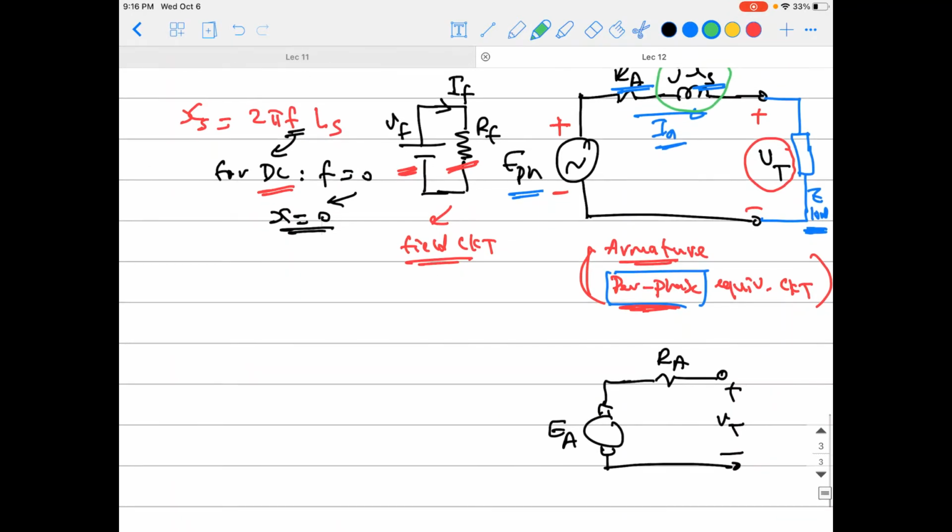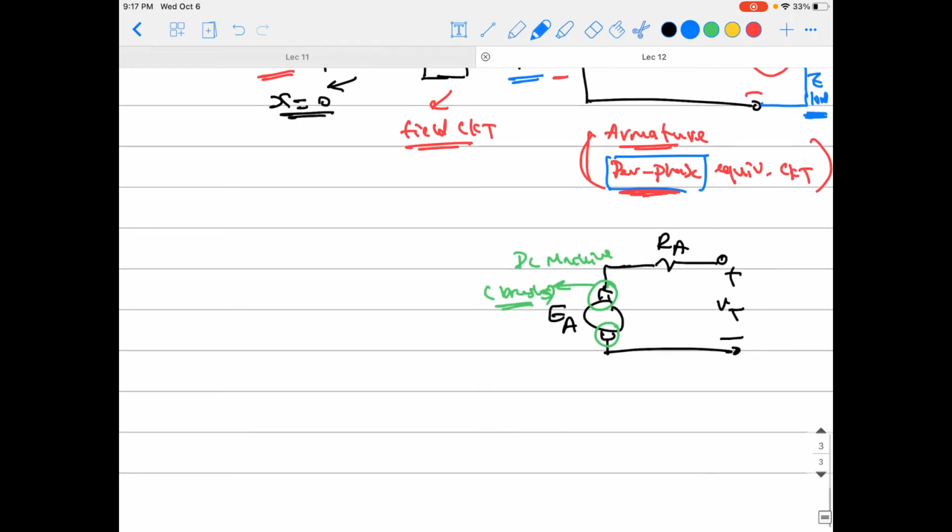Okay, the other difference, remember those two pieces here we just usually draw for the equivalent circuit of a DC machine. In a DC machine, those represented the brushes. Why? Because that was the armature circuit of a DC machine, okay?